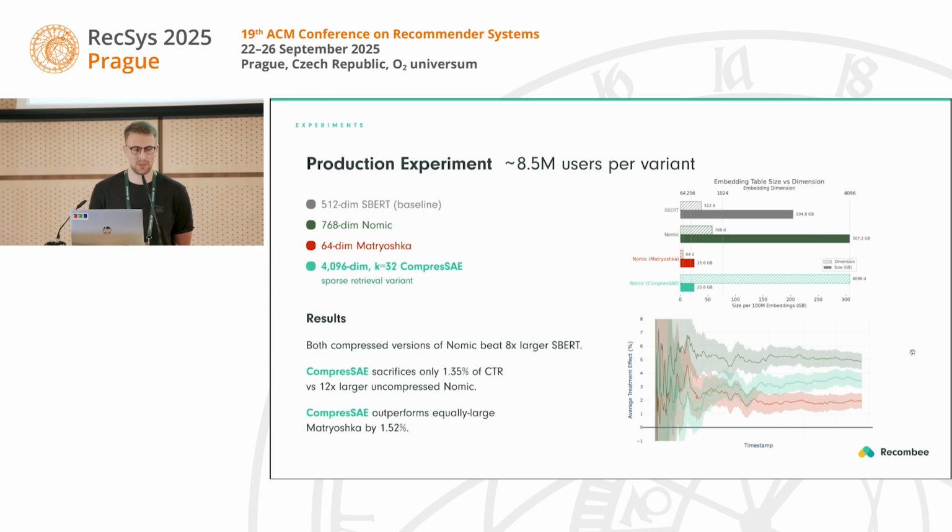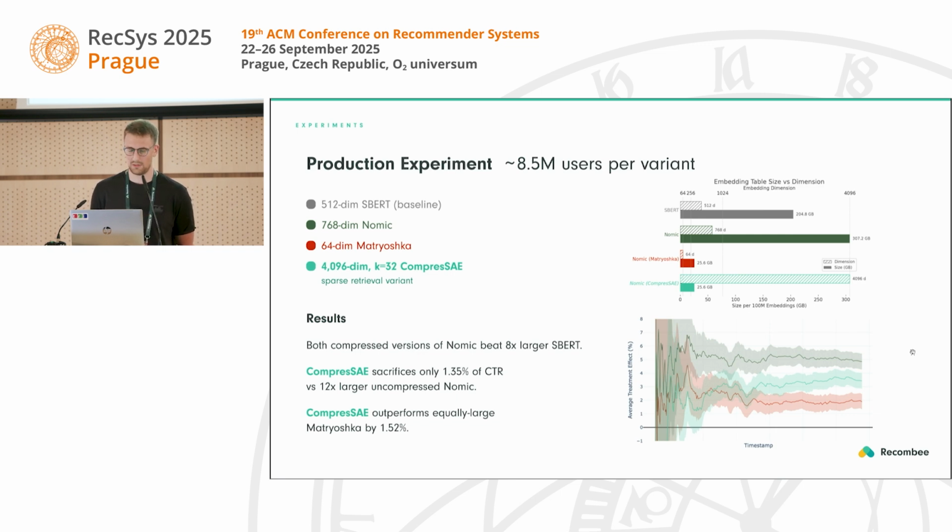We observed that both compressed versions beat an 8 times larger S-BERT embedding in the task, and CompressSAE is capable of sacrificing only roughly 1.5% of the downstream metric compared to the 12 times larger uncompressed baseline from which it was constructed.